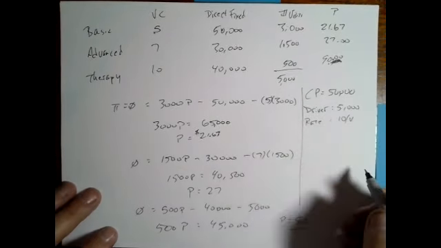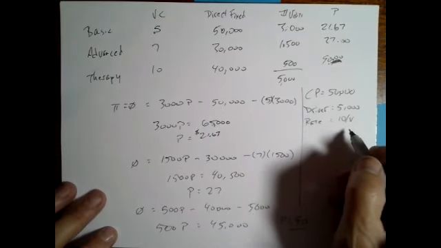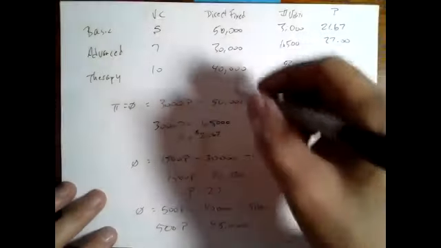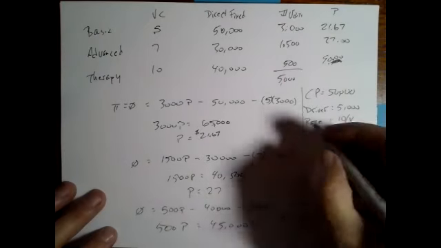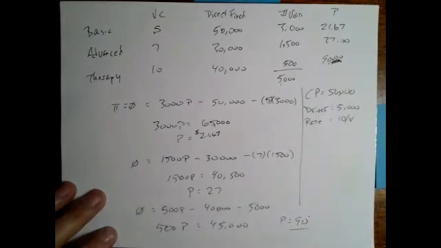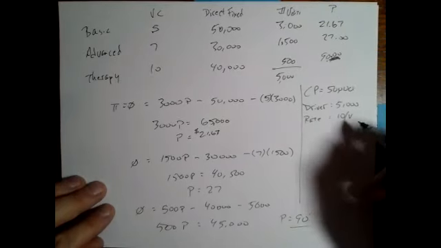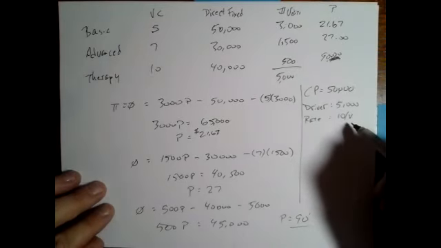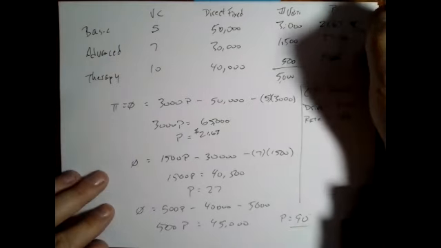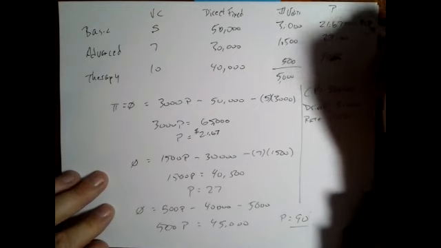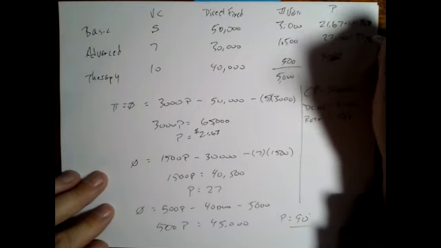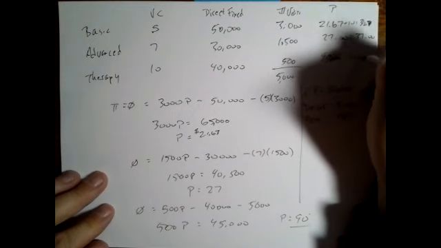Then we allocate the additional cost to the different services at a rate of $10 per visit. So with that information, we could just add $10 here and we'll get our new prices: 31.67, 37, and 100.